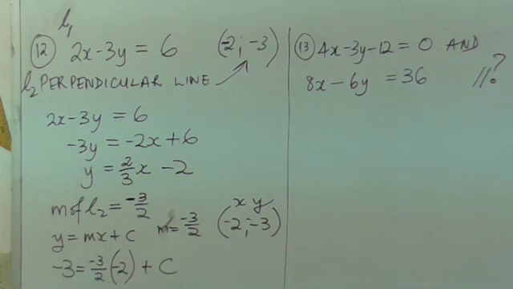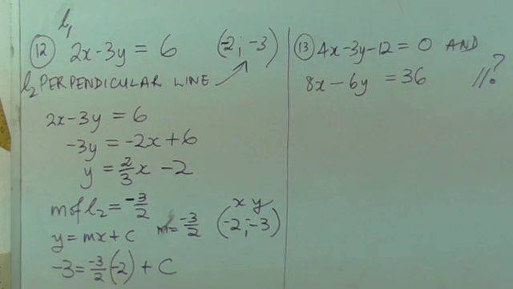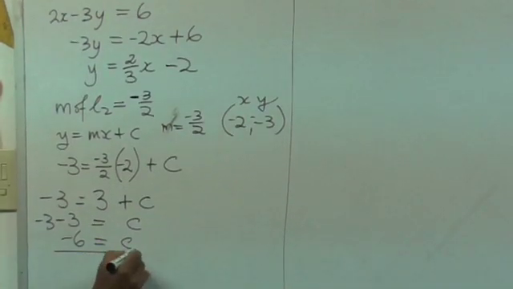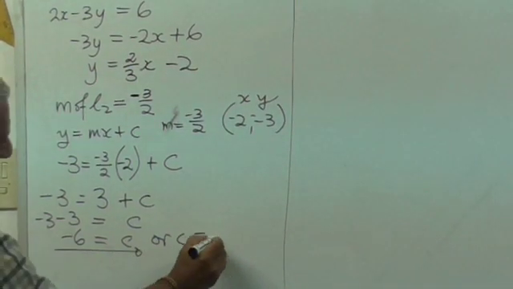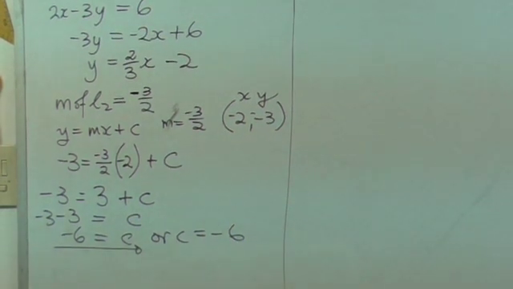Then I'm left with negative 3 is equal to, now negative times negative will be positive, the 2's will cancel, you'll be left with 3 plus c. Now c is equal to negative 3 minus 3, c is equal to negative 6. You can write like that, or you can say c is equal to negative 6.